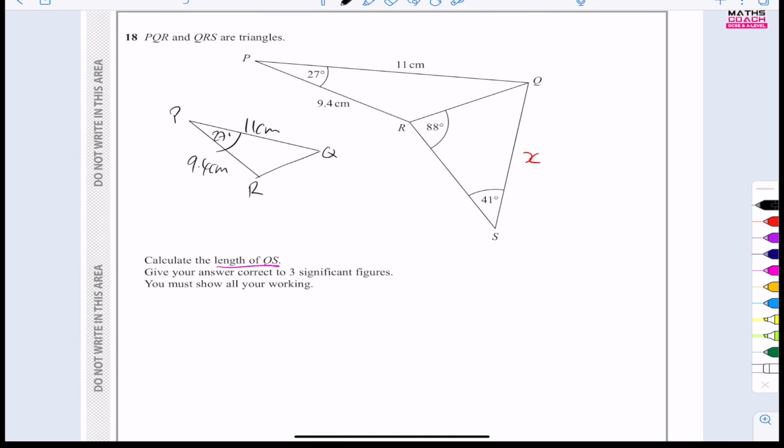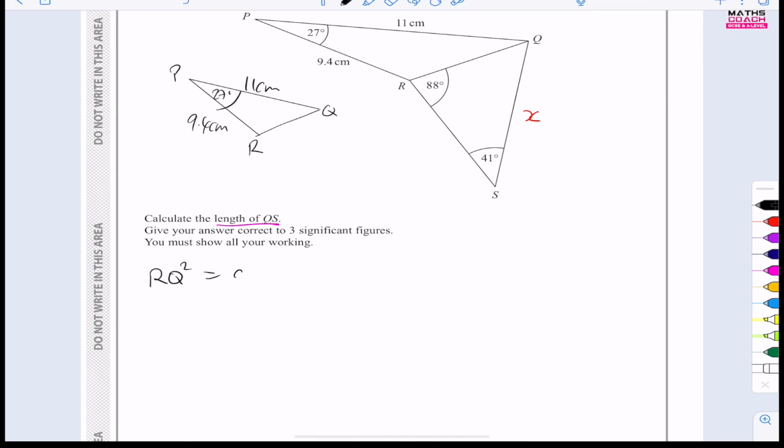So I'm just going to write RQ squared, which is this length here. In your case, you'll have a squared. Then 9.4 squared plus 11 squared minus 2bc, so b here would be 9.4 times c, which is 11, and then cos 27. Go ahead and put that into your calculator.